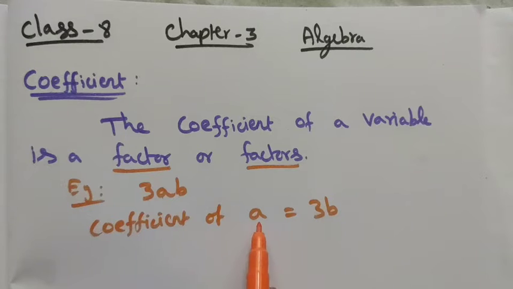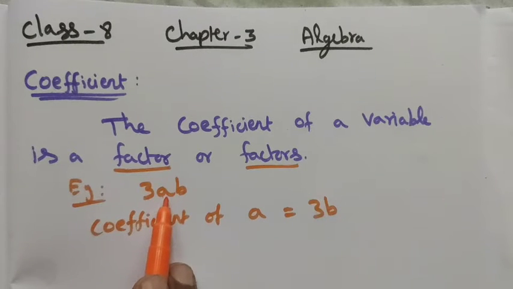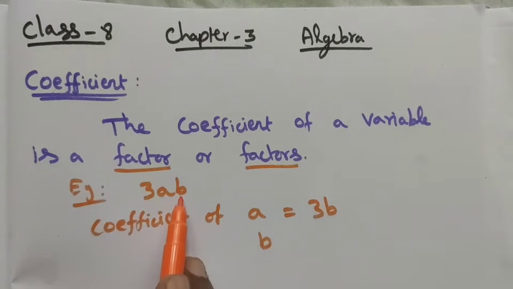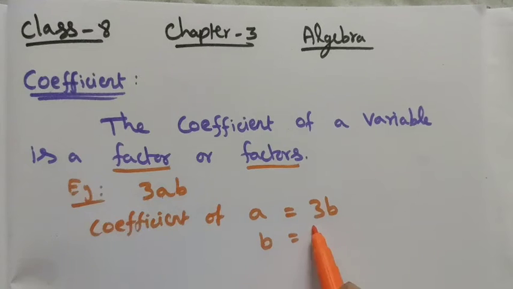Suppose we want to find the coefficient of b: except the factor b, the remaining 3a is the coefficient of b. It is simply asking the coefficient.